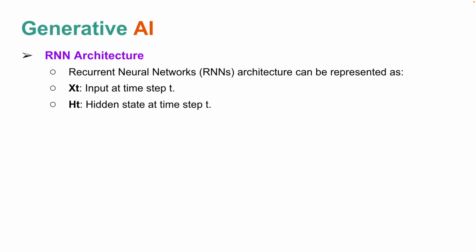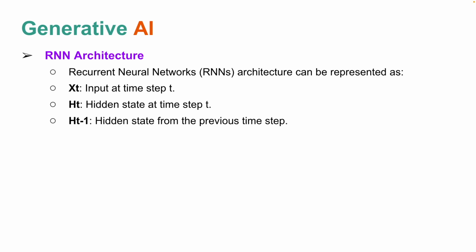HT defines the hidden state at timestamp t. So XT defines the input at a particular time, and HT defines the hidden state of that input at a particular time. The next one is HT minus 1, which defines the hidden state from the previous timestamp.